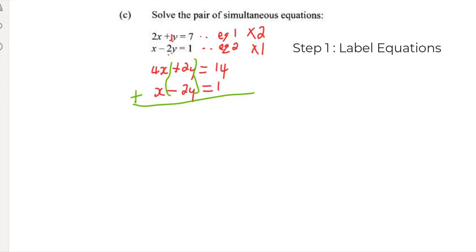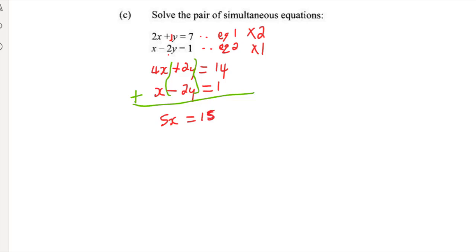Alright, so when we add the equations together, 2y minus 2y zeroes out, so now we're only going to have 4x plus x, which gives us 5x, equal to 14 plus 1, which is 15.